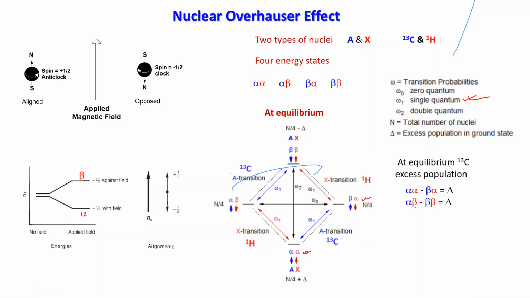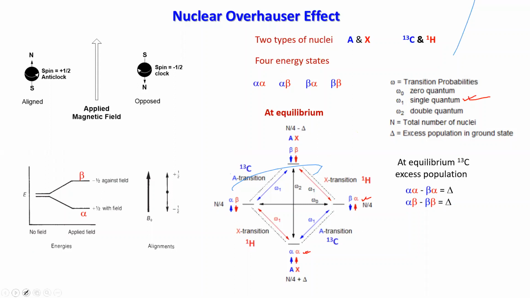The excess population, you have alpha alpha minus beta alpha, that will be del. Similarly, you can have alpha beta and beta beta, so if you subtract, you will have again del. So that means you have excess nuclei for one quantum transition with respect to 13C at equilibrium, which is del.